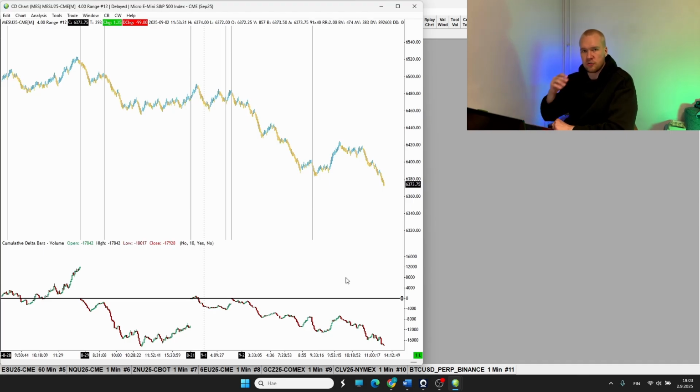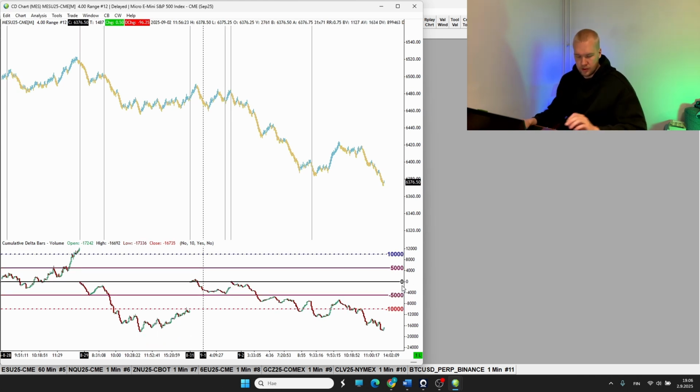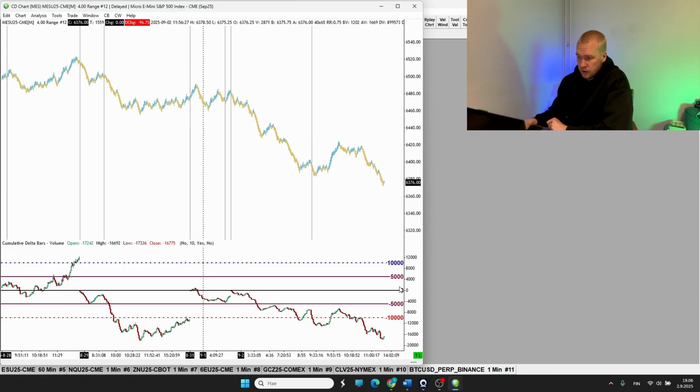And I'm just going to add 2 more lines, both sides. So I'll add one for 5,000 and 10,000 and minus 5,000 and minus 10,000. So now we have our 5 lines here. We can see that we have positive 10,000, positive 5,000, 0, minus 5,000 and minus 10,000. And these lines are very important to read aggression.